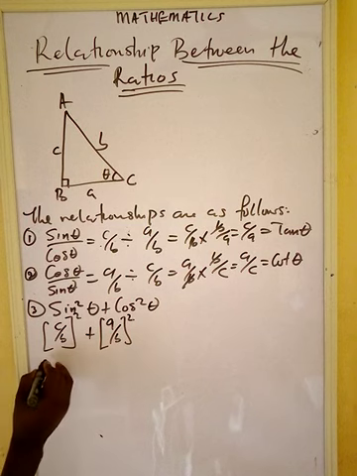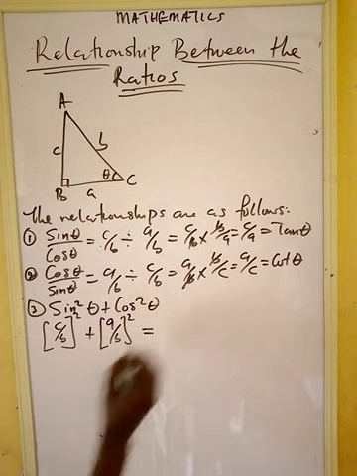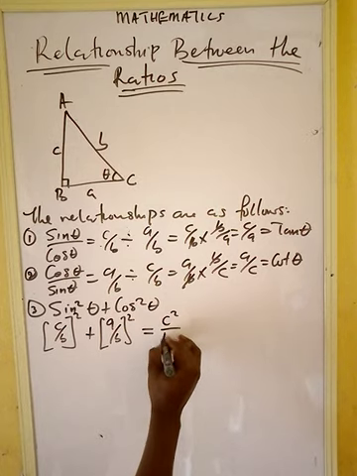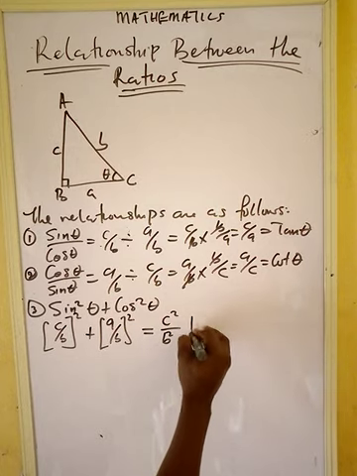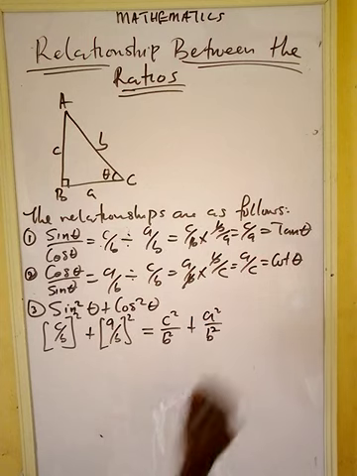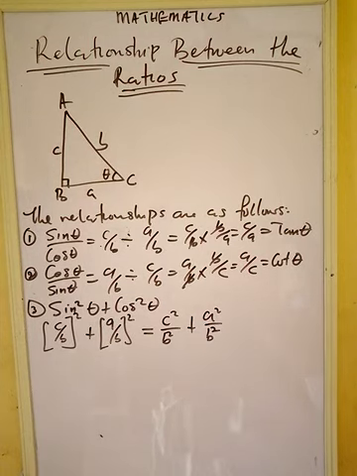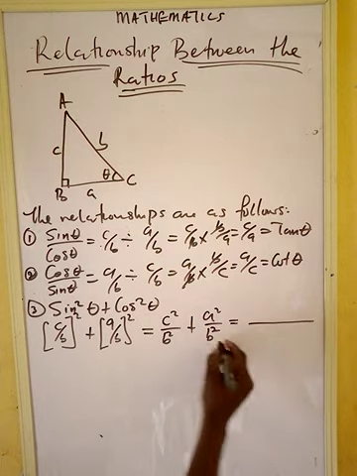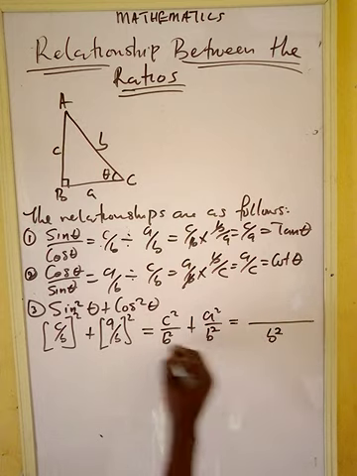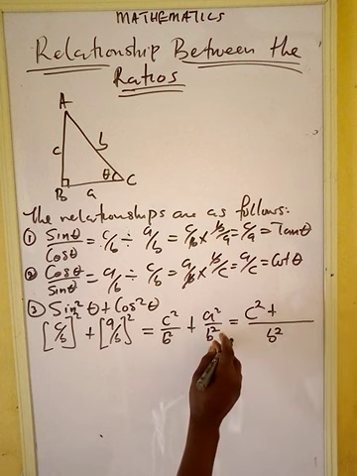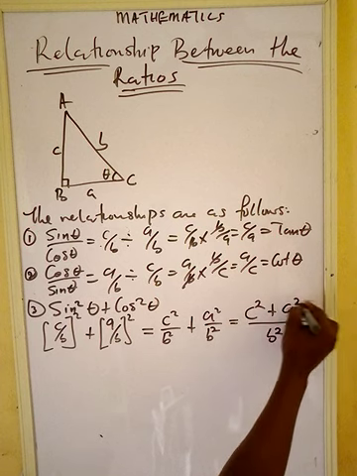So from here it will be equal to c squared over b squared plus a squared over b squared. Now I can find the LCM of this. The LCM is b squared, so we have c squared plus a squared, all over b squared.